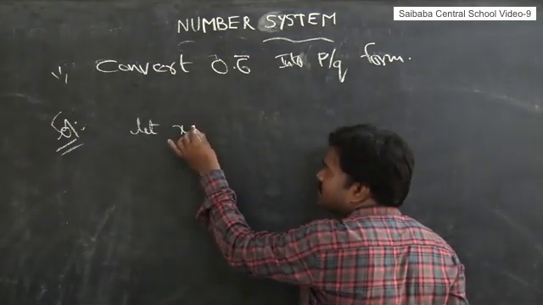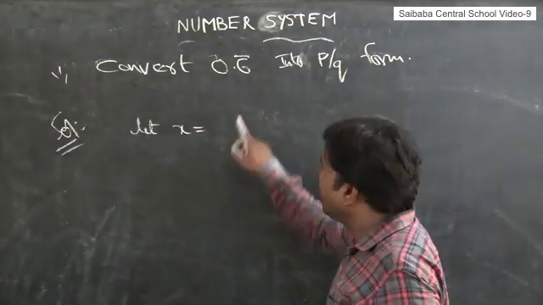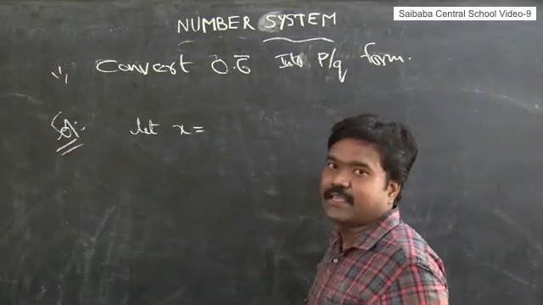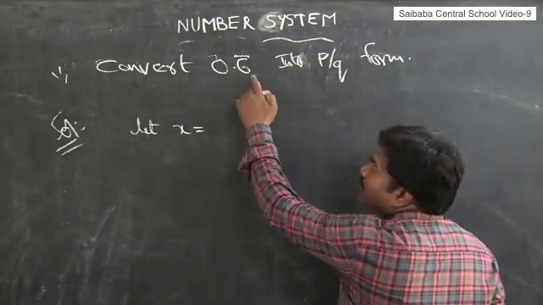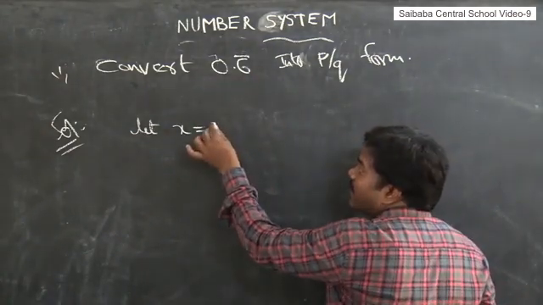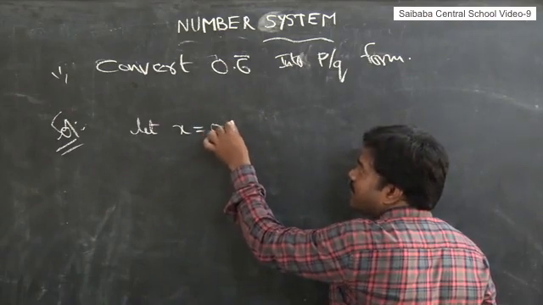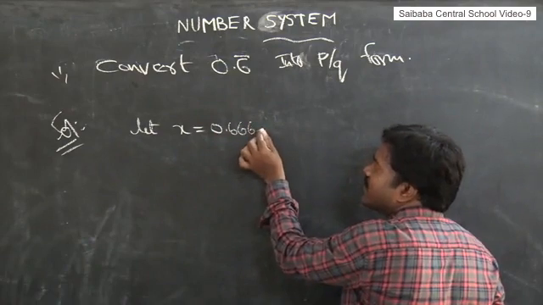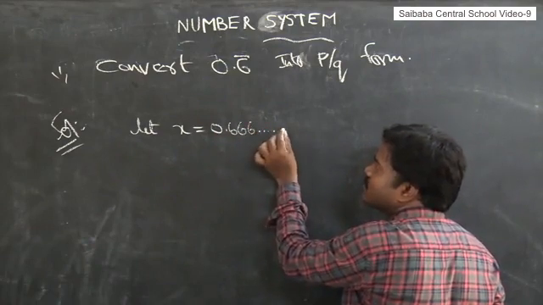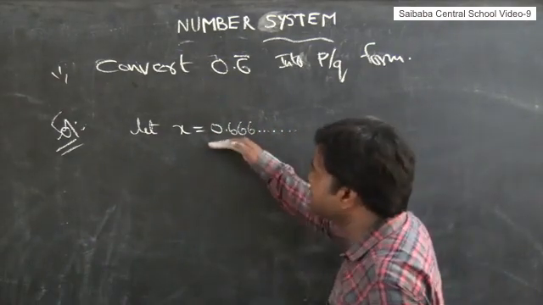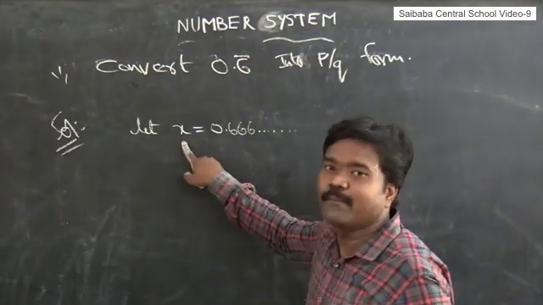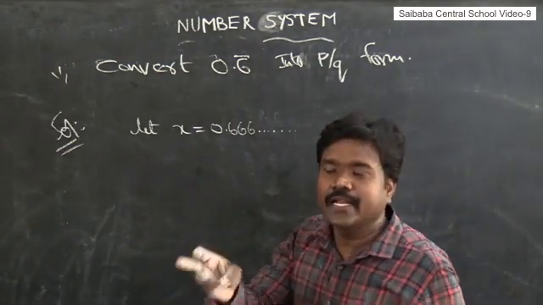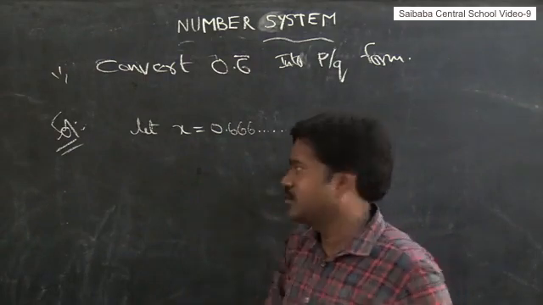Everyone should follow this procedure for all problems. x is equal to 0.6666, without bars. 0.6663 is enough, 3 or 4, your wish, and so on. This is x. After writing x, you should write the period and periodicity, both.